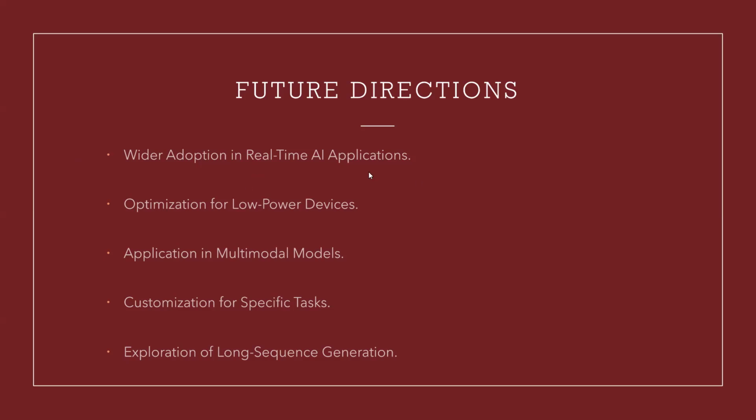First one, wider adoption in real-time AI applications, where low latency of AI systems is crucial. Examples are voice assistants, real-time translation, as well as interactive chatbots. Another point is optimization for low-power devices, like mobile devices and on top of that many IoT devices as well. We need to investigate and implement DMC in them. It's a very good win-win situation for us.